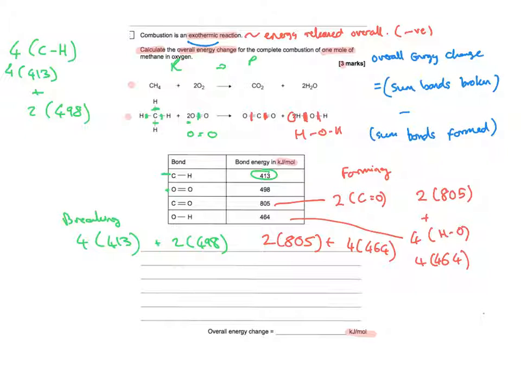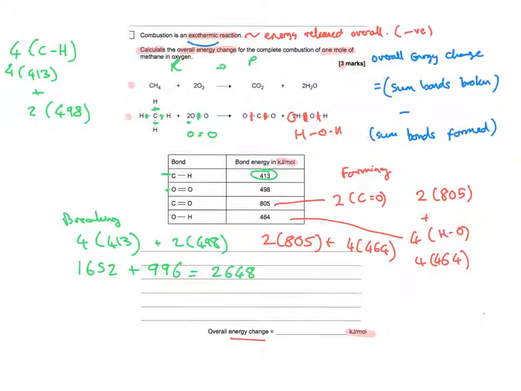Now, the overall energy change is breaking minus forming, like I've shown you up here. The sum of the bonds broken minus the sum of the bonds formed. So the calculation here, 4 times 413 is 1652, and add that to 2 lots of that, that's this, equals 2648.